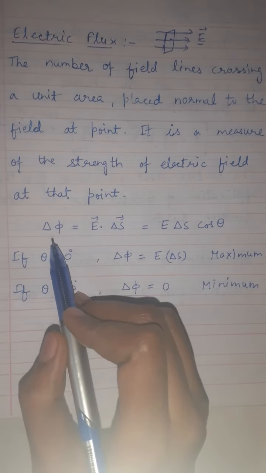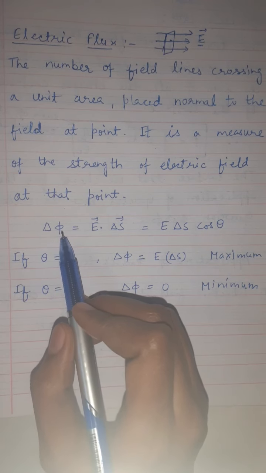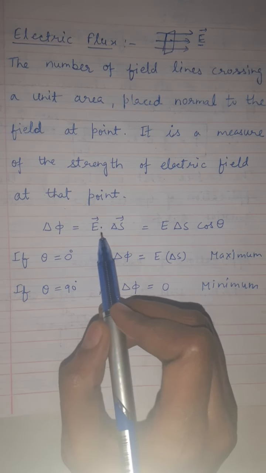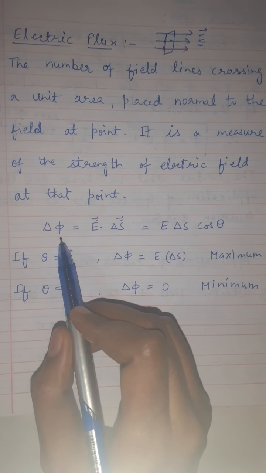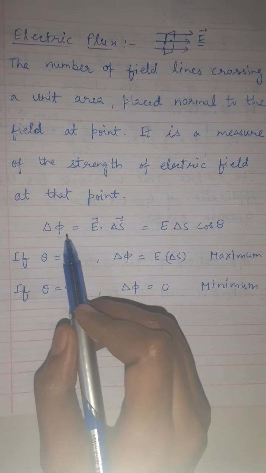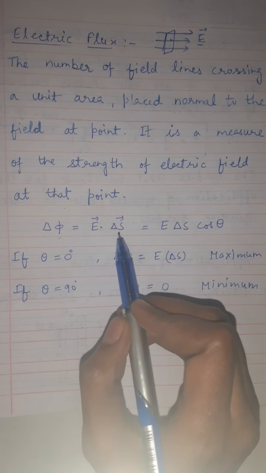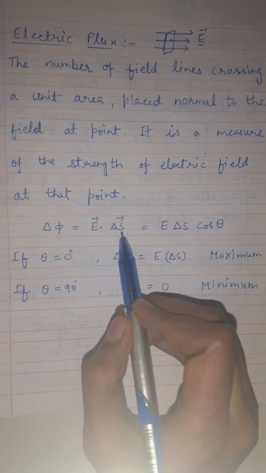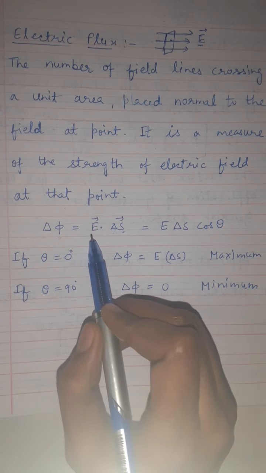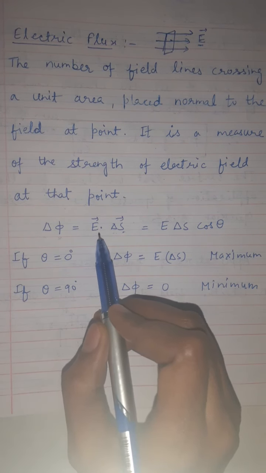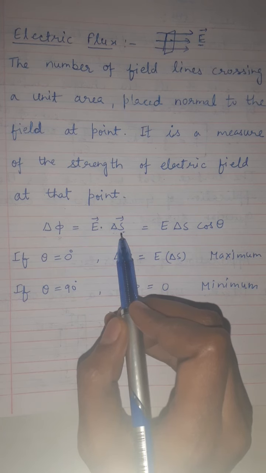So mathematically we can write electric flux delta phi is equal to E dot delta S. Phi is the symbol of electric flux, and delta phi means we are taking a small area delta S only. So delta S is the surface area and E is the electric field in which we have placed this surface area.